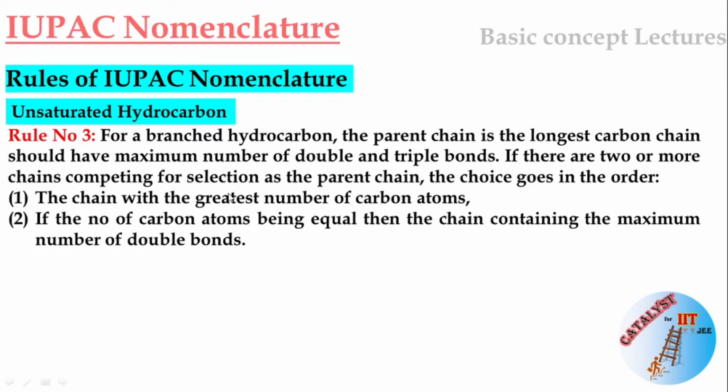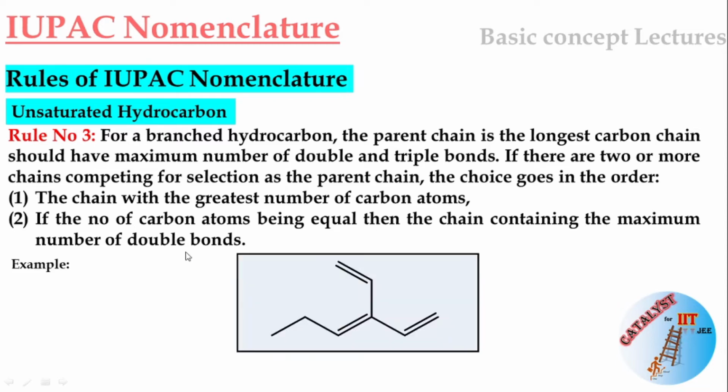That is why two or three parent chains can be possible, and the selection goes in the order of the chain with the greatest number of carbon atoms. Sometimes two or three chains follow this rule simultaneously, and then you can go to the second choice: if the number of carbon atoms is equal, then the chain containing the maximum number of double bonds.